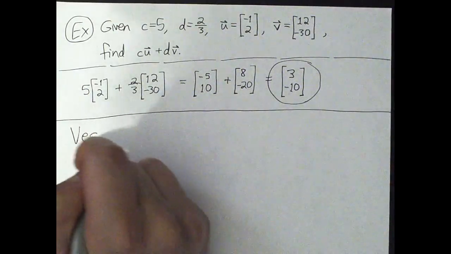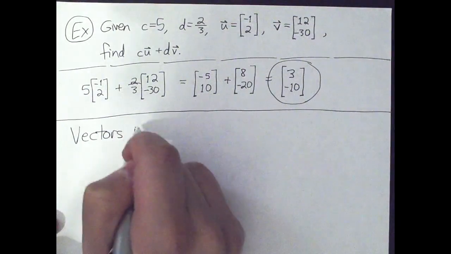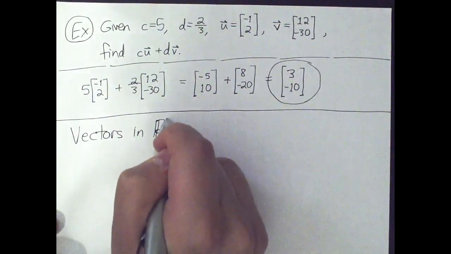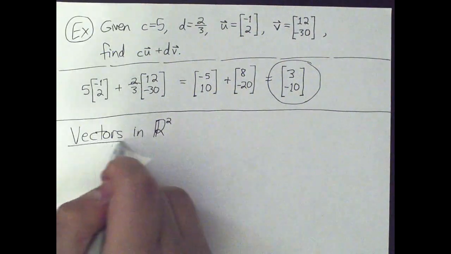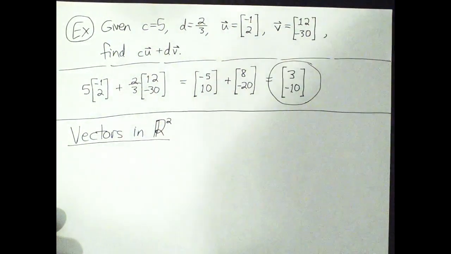Let's talk about vectors in R2. You know how I said that if you have R with the little n up there, we're talking about vectors with that many entries. So this is going to be vectors with 2 entries.